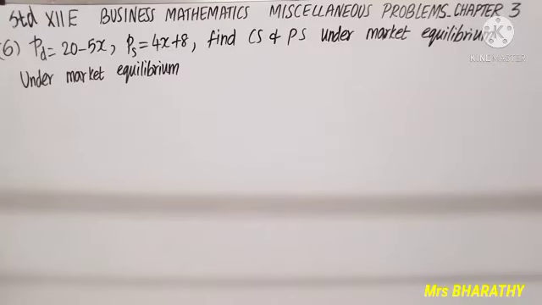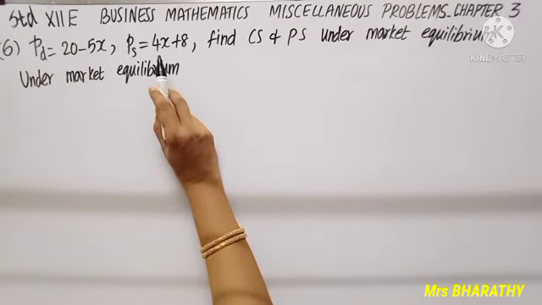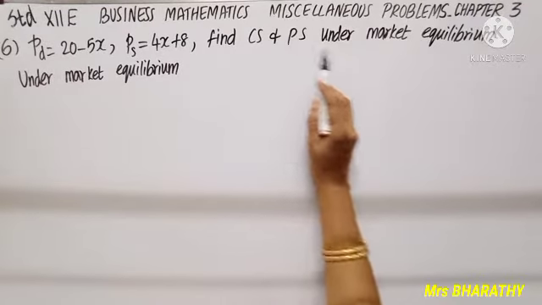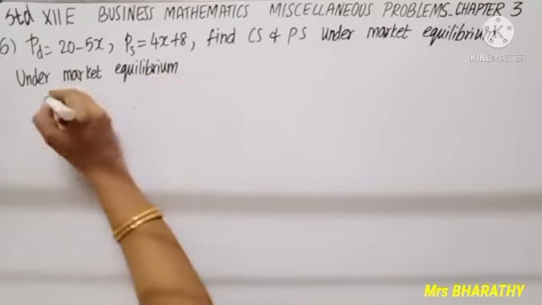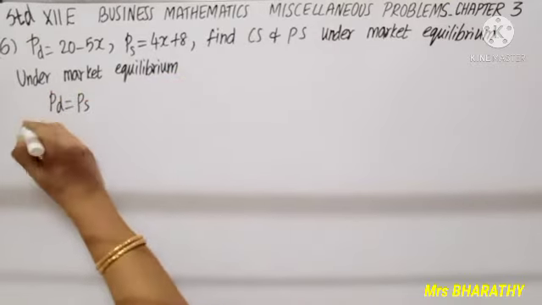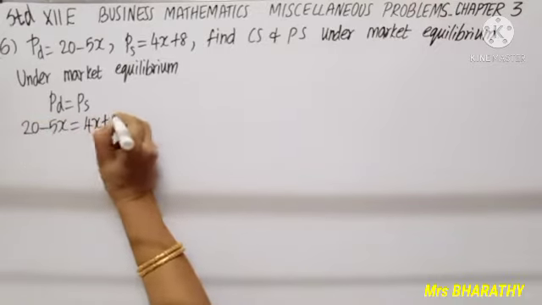Question number 6. Given the demand function PD and the supply function PS, find consumer surplus and producer surplus under market equilibrium. Under market equilibrium, we know PD equals PS. 20 minus 5x is equal to 4x plus 8.